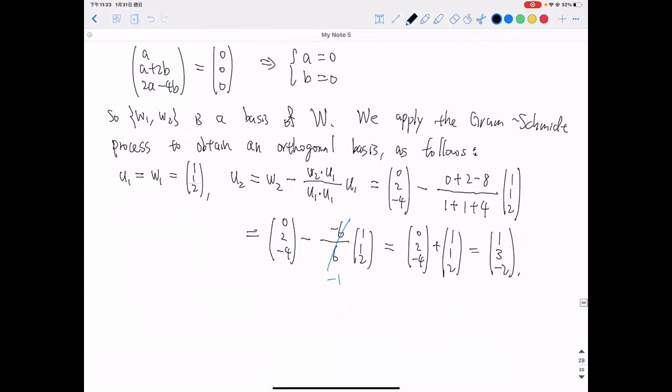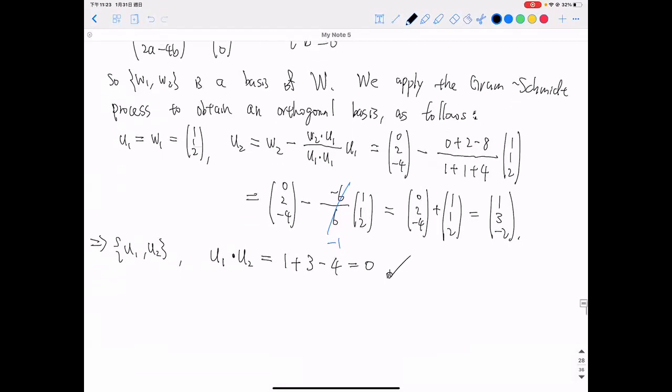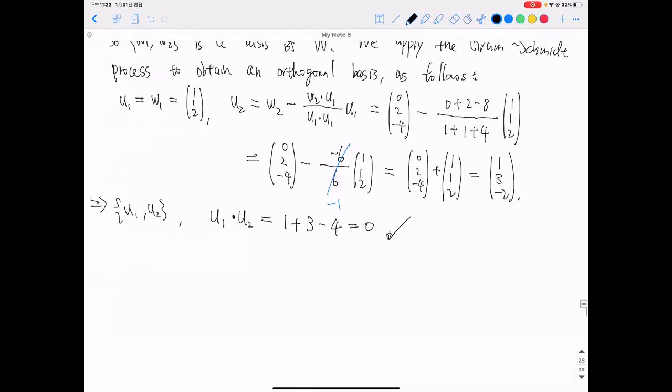Okay, so this is it, because the dimension of the subspace is 2. And we check that U1 dot U2 is indeed 0, so that this is indeed an orthogonal basis. U1 dot U2 is 1 plus 3 minus 4, which is 0. So that is good. Okay, that's one example.